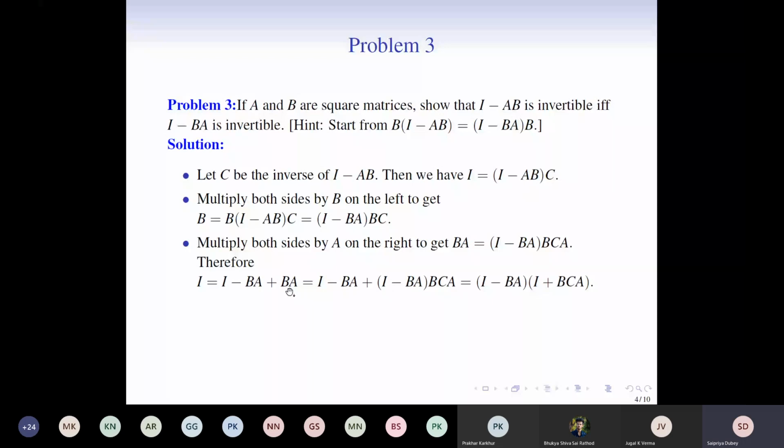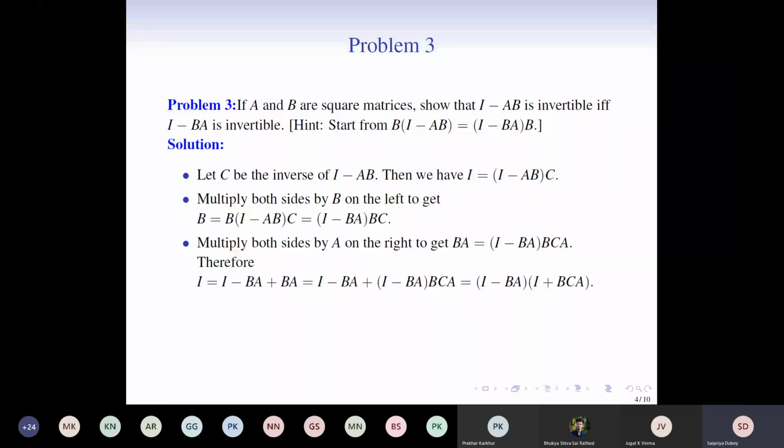Now you can see what is happening here. We are just taking I minus BA common. Why can we take it out common? Because both appear on the left hand side. We have to be very careful when we are dealing with matrices that the matrices do not commute. Arbitrary matrices might commute, but we don't know whether they commute or not, that is a special case.